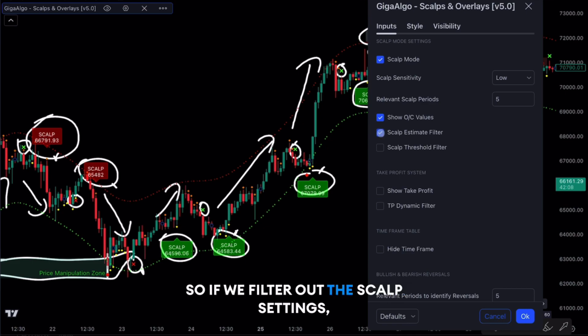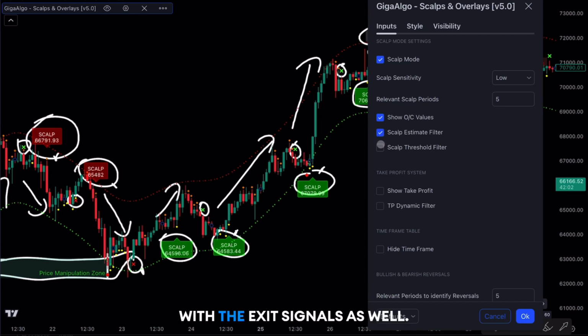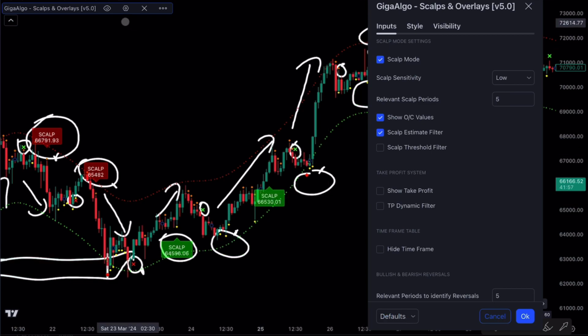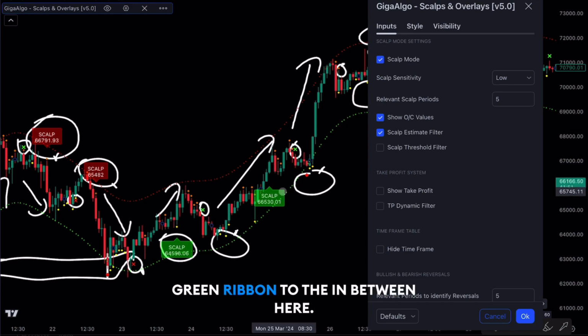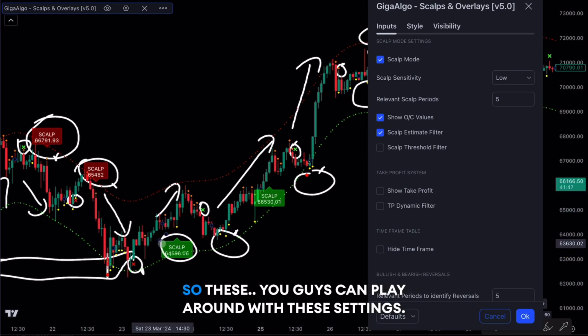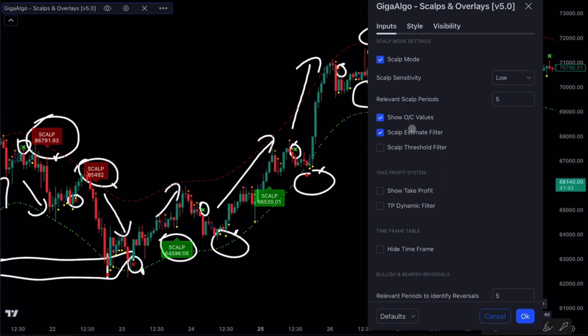If we turn on the scalp filter, we will see the scalps filtered along with the exit signals as well. You see the scalp moved from the green ribbon to in between here. You guys can play around with these settings.